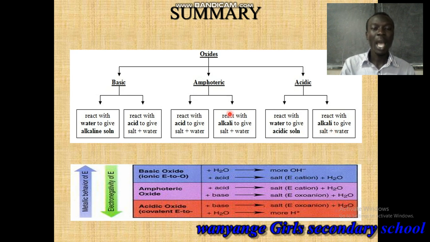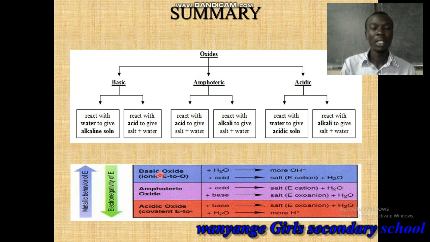Please, these are very important things to note because you are going to use them throughout your chemistry in all levels, O level, A level, university, and even outside university. You are still going to use these properties. Good, please master them.